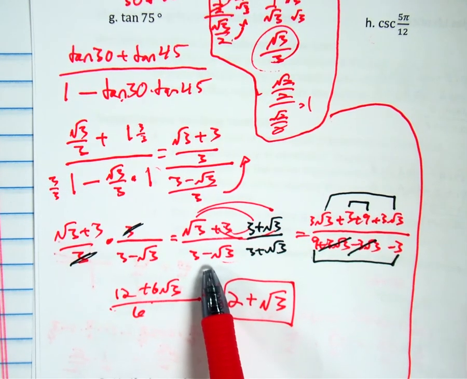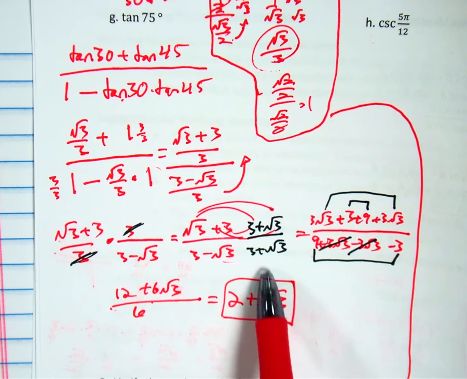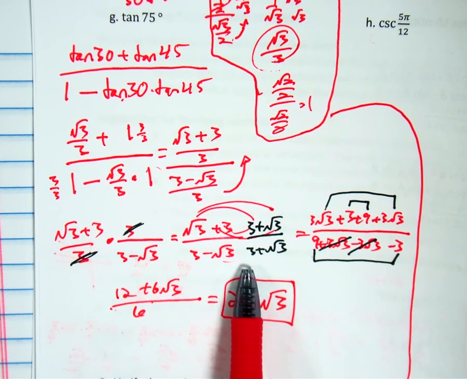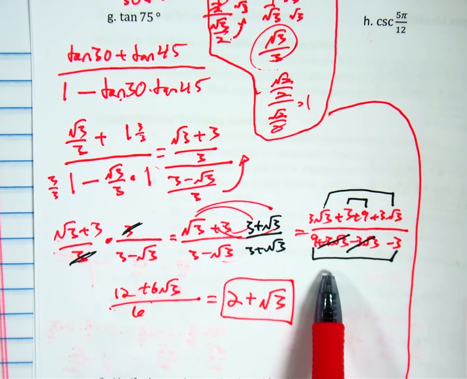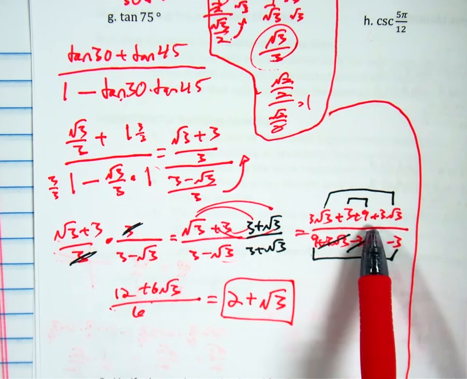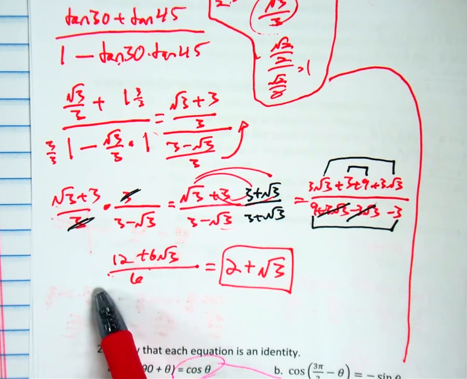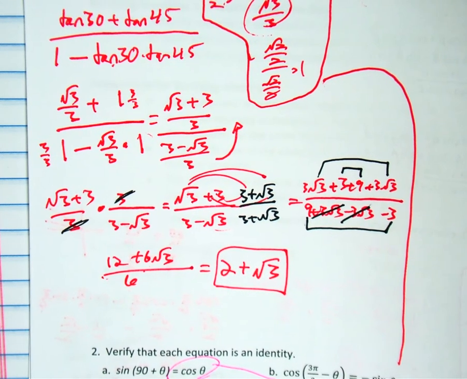Can't have that. And it's with a plus minus, so we had to do the conjugate. It was 3 minus radical 3, so top and bottom was 3 plus radical 3. We multiplied that out. All the radicals canceled on the bottom, combined our top with like terms, and we looked to reduce. Whew, lots of steps.